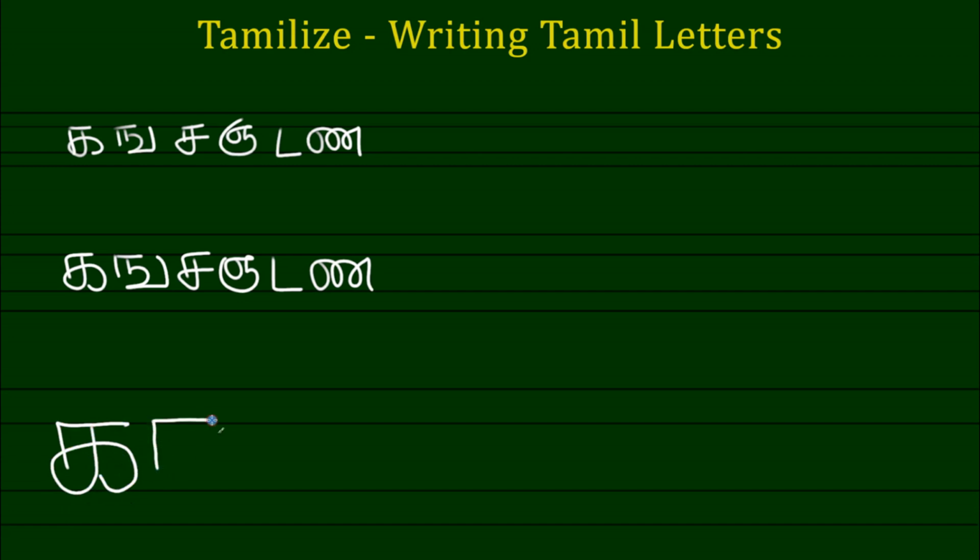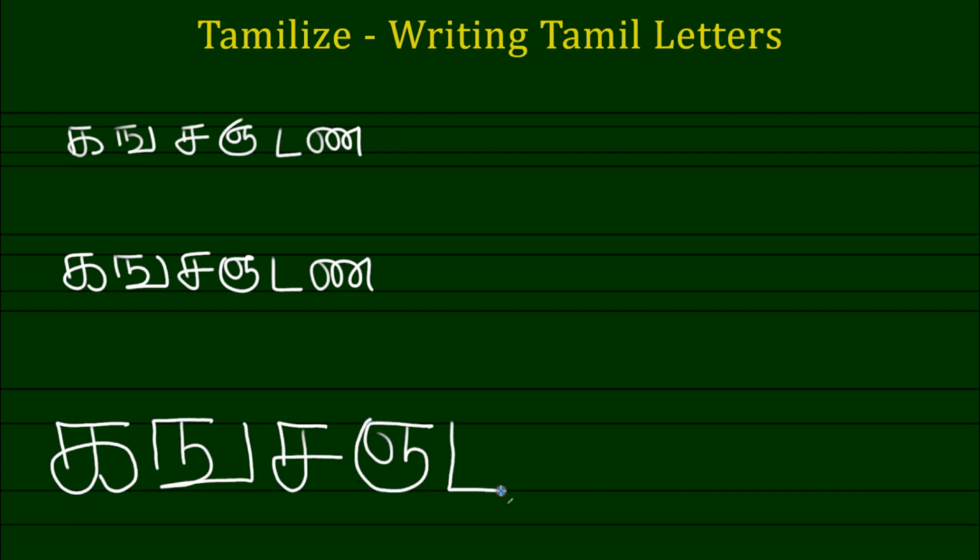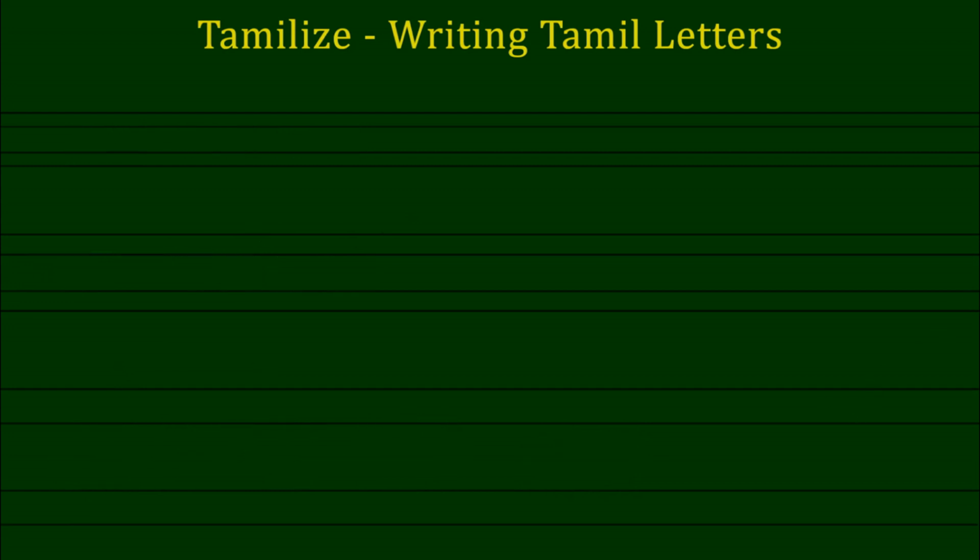So this is ka, this is nga, this is cha, nya, tha, na. Ka, nga, cha, nya, tha, na. Right? Okay. Let's move on to the remaining 4 letters.